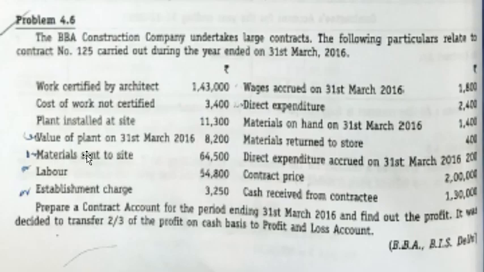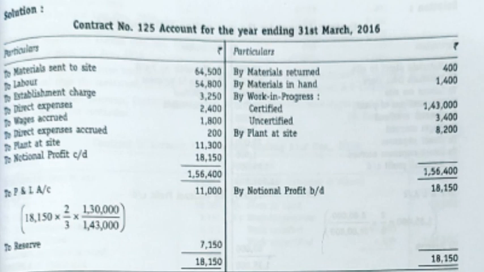Then we have value of plant on 31st March 2016, which is 8,200. This is the value of plant at the end of the year. So by plant at site 8,200.